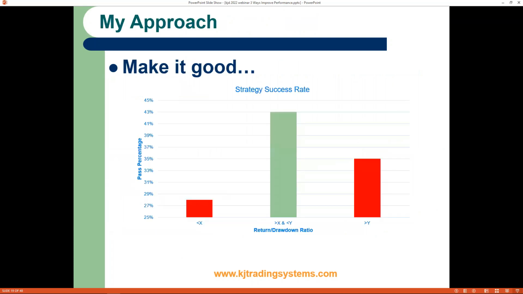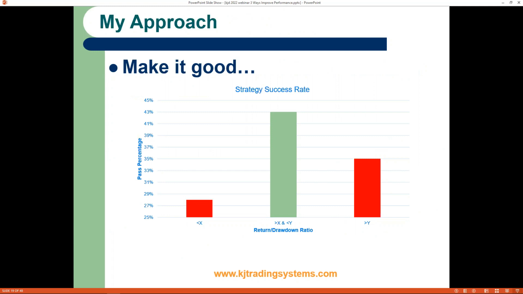Okay. So one way to measure this, that again, I went through thousands of strategies, is the return to drawdown ratio, which I calculate with a Monte Carlo simulation. You can get the spreadsheet for free off my website.